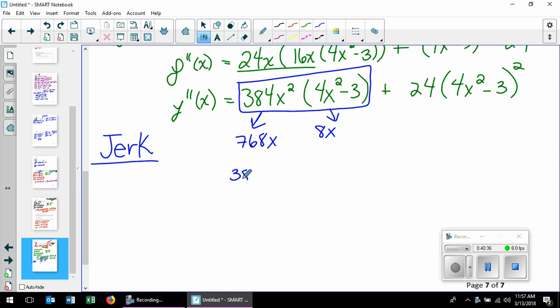First one, 384x squared times the derivative of the second one plus the second function times the derivative of the first function.